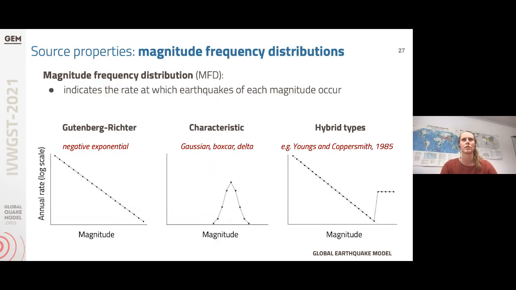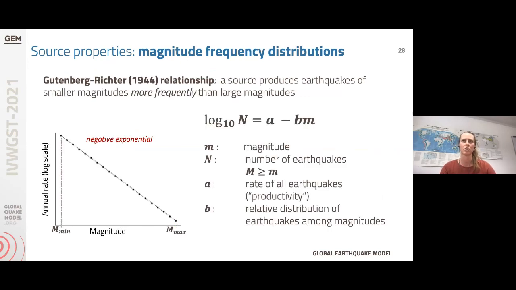So once the source geometry and position is defined, a magnitude frequency distribution, or an MFD, has to be derived. And this is what indicates the rate at which earthquakes of each magnitude are occurring. So plotted here are three of the common types of magnitude frequency distributions. The first is the Gutenberg-Richter relationship, which is a negative exponential, and it's indicating that a source produces smaller magnitude earthquakes more frequently than it produces larger magnitude earthquakes.